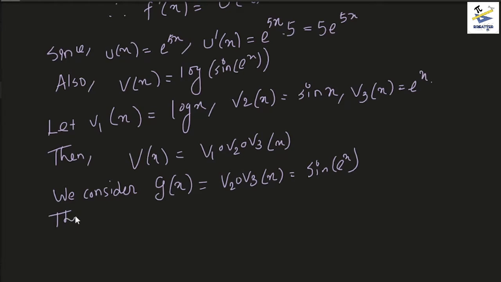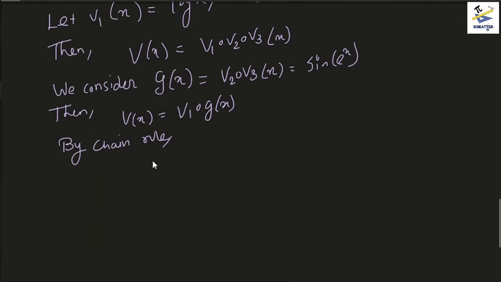Then v of x would just be equal to v1 composed with g of x, right? By the chain rule, v prime of x would just be equal to v1 prime of g of x into g prime of x, right?